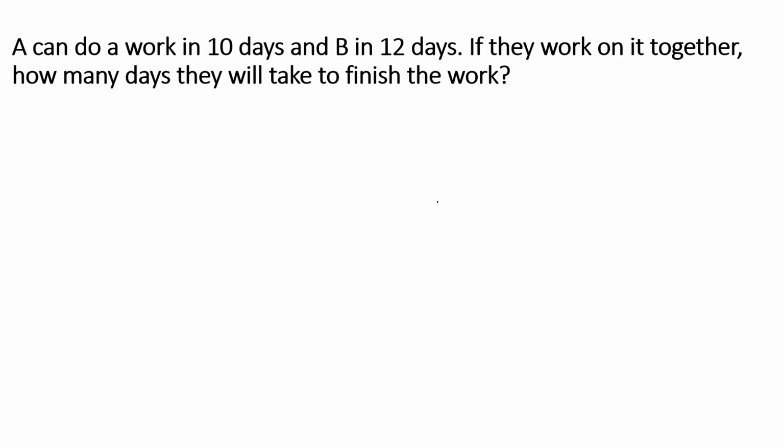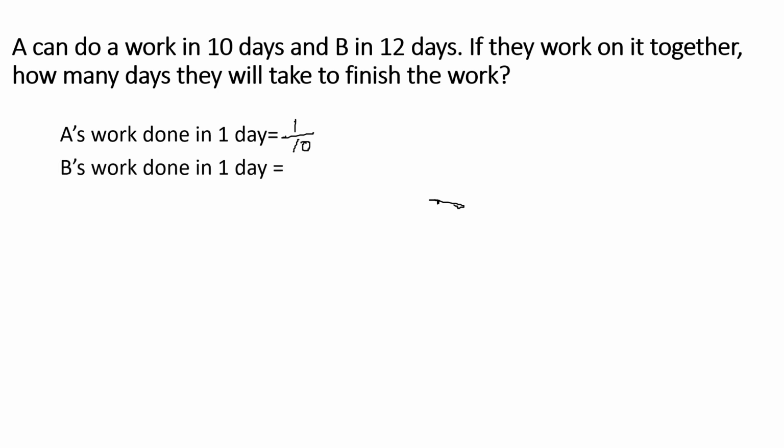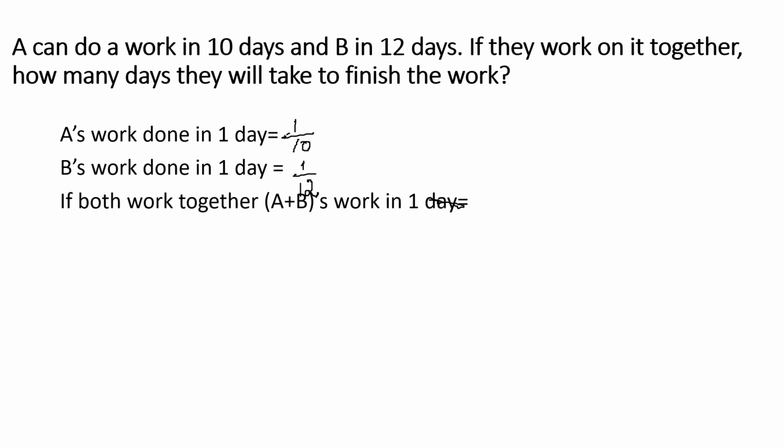Next question. A can do a work in 10 days and B in 12 days. If both of them work together, how many days will they take to finish the work? Work done by A will be, he takes 10 days, so 1 by 10. And B's work done in 1 day will be 1 divided by 12. Now, if both of them work together, their work done in 1 day will be 1 by 10 plus 1 by 12.